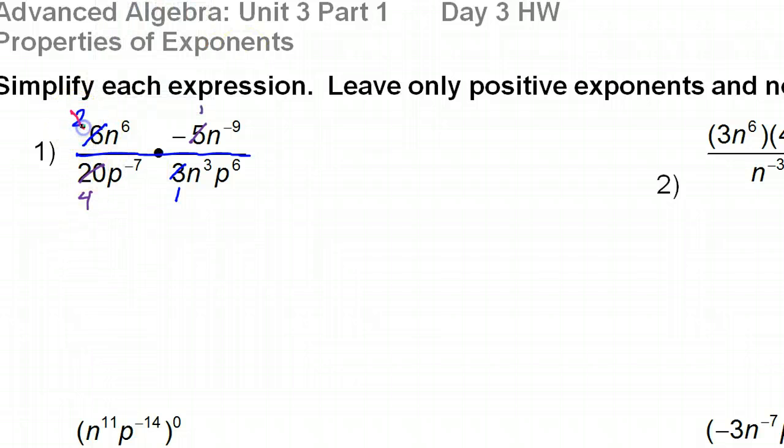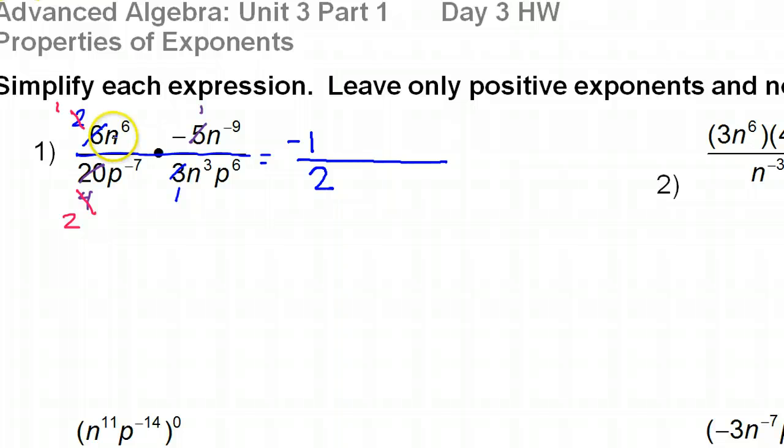Alright, 2 goes into itself once, and 2 goes into 4 twice. So that's how I like to simplify the numbers first. Okay, so in the numerator, all I have left is 1. 1 times 1 is 1. 2 times 1 is 2. Well, don't forget this negative, so it's really a -1. Okay, so the numbers all simplify down to this.